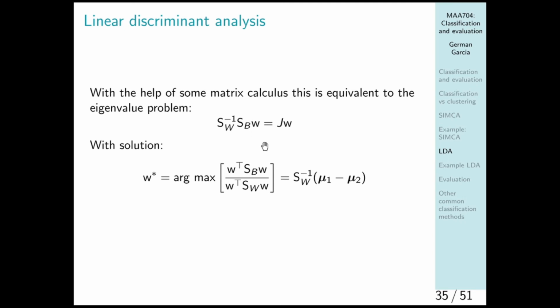But moreover, this has a concrete solution. It's not that we calculate eigenvectors and then we try. No, we can absolutely determine a unique solution for this one. In this case, the solution, the vector that optimizes Fisher's linear discriminant, is SW inverse times the difference between the mean vectors.